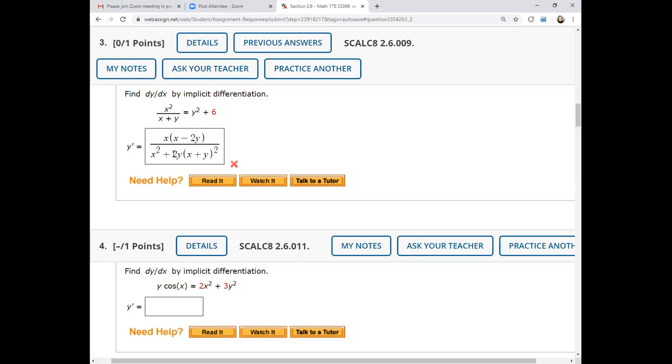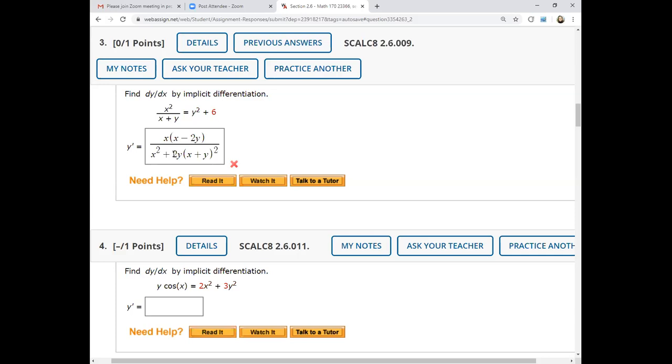Because from my understanding, I'm not sure if it applies here, but aren't we supposed to also multiply by the derivative of what's inside the parentheses as well? Like from the very beginning, you know how we did the quotient rule?